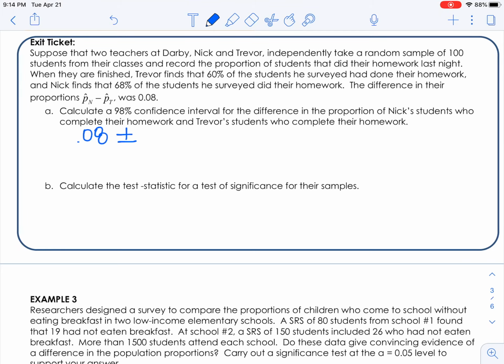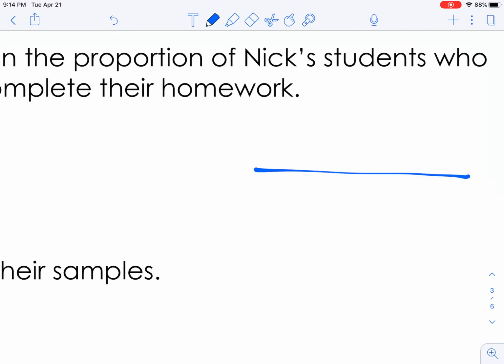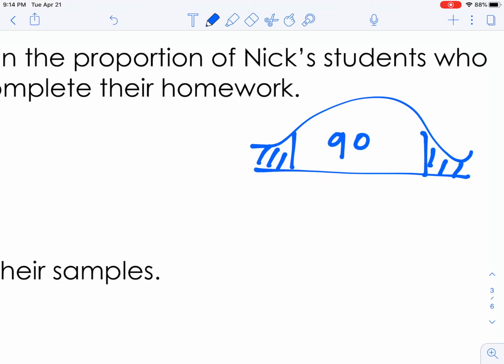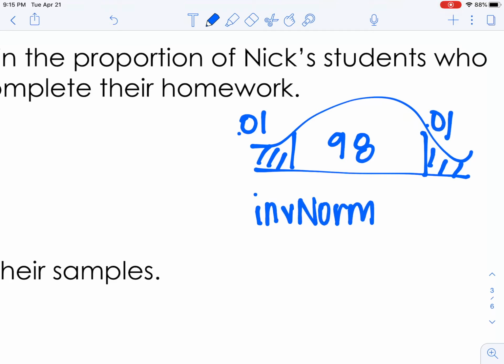Now we're doing a 98% confidence interval. So what that means is we have these areas to the left and the right, and in between we have 98%. So here we have 1% and 1%, and when we move that decimal, that's actually 0.01. And so inverse norm would be 0.01, 0, and 1.